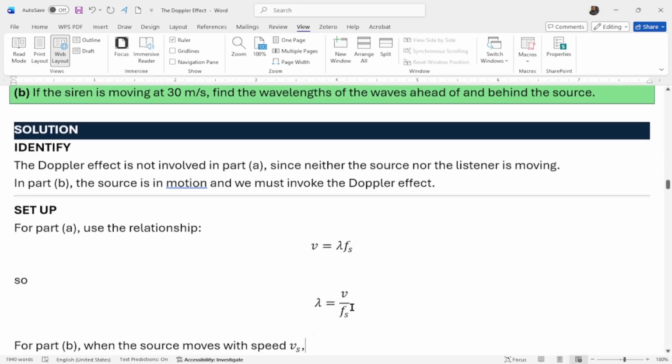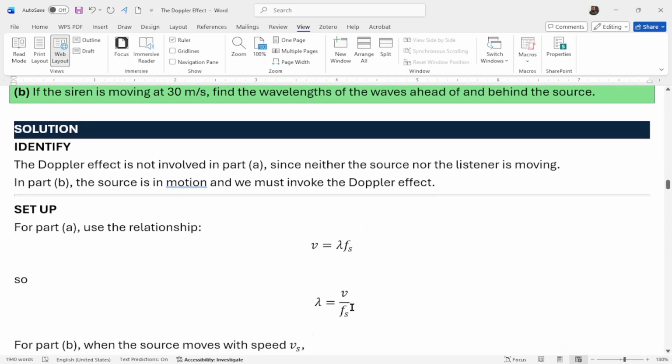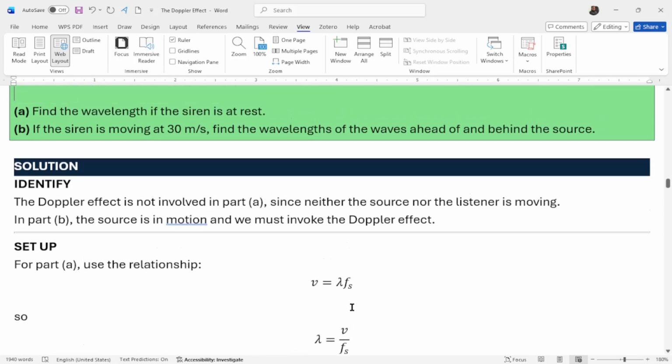Now, this is the solution. The Doppler effect is not involved in part A, because there is no listener here. What the problem is describing is that the police siren is at rest, and the problem is asking us to determine the wavelength of the sound.